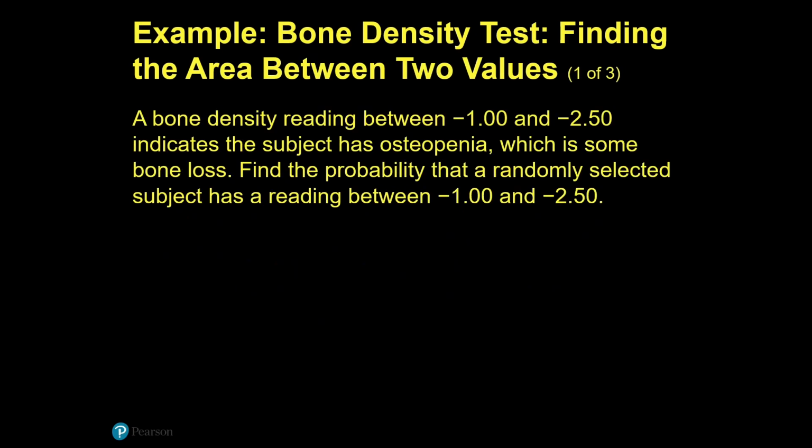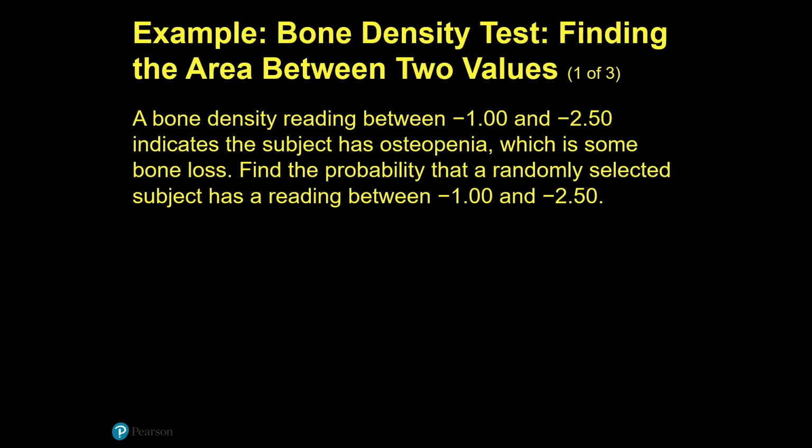Okay. So a bone density reading between negative 1.00 and negative 2.50 indicates that the subject, or the person who's doing the test, has osteopenia, which is a medical diagnosis for basically bone loss. Find the probability that a randomly selected subject has a reading between negative 1.00 and negative 2.50.